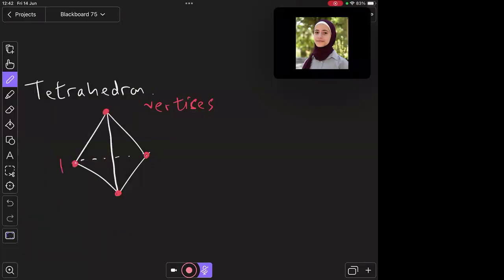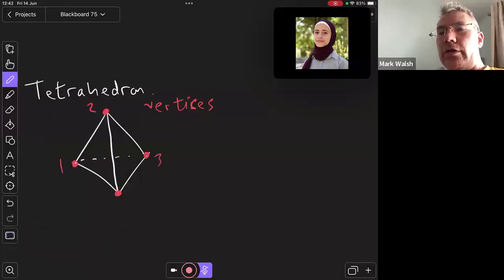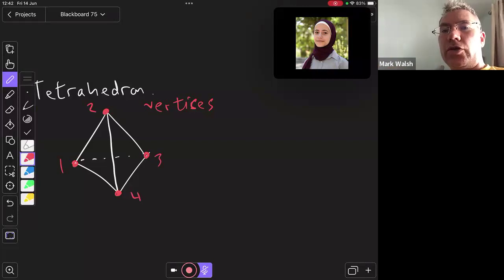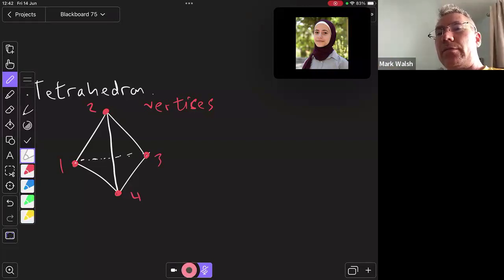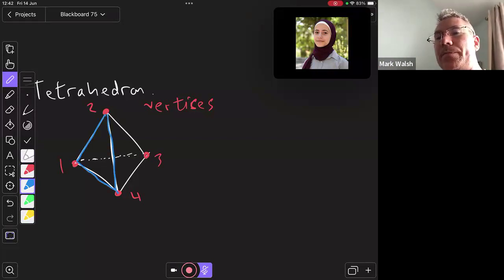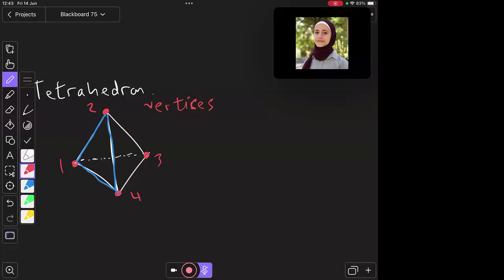So there's 1, 2, 3, 4. This is just the back of this thing. Okay. Maybe my picture is not clear. So there is one triangle here, and there are 4 triangles in total. Do you agree? Yes, I agree.